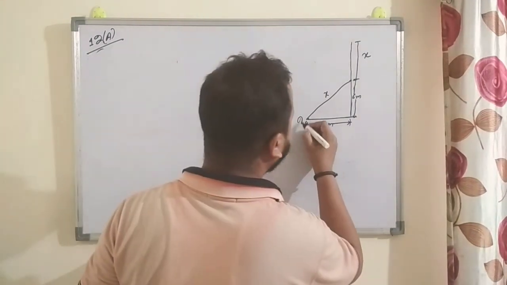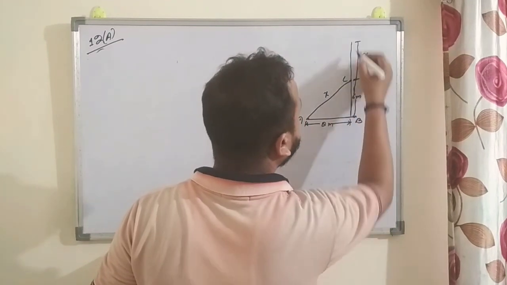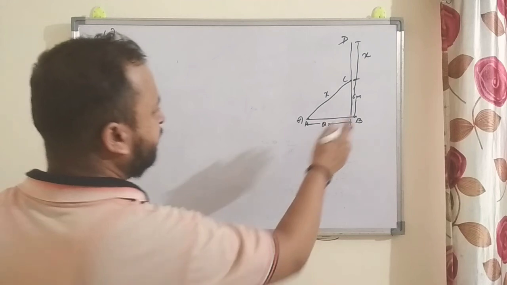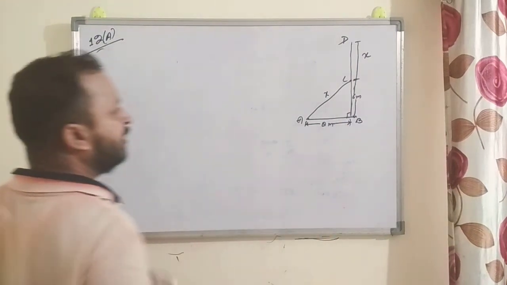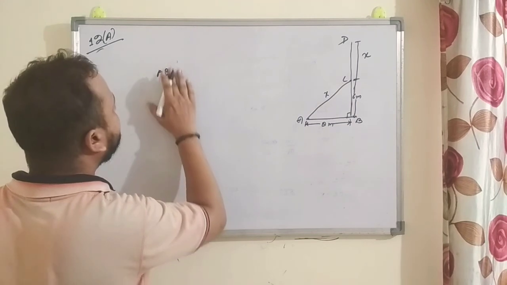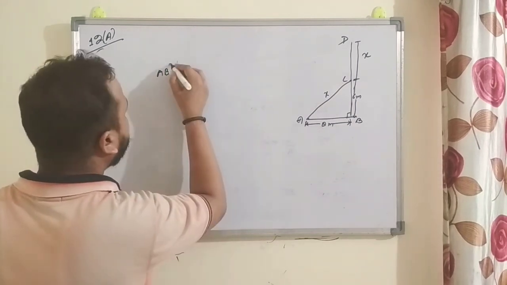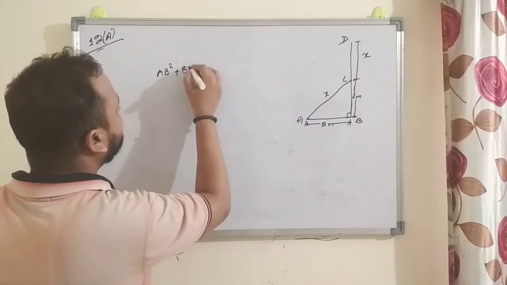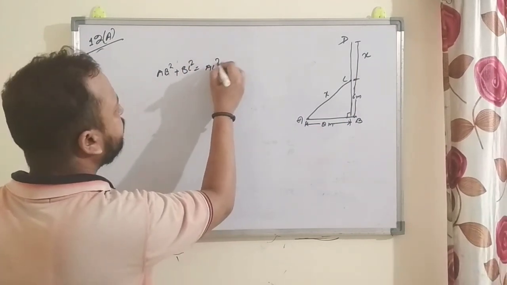If we name them A, B, C and D and apply the Pythagoras theorem here, AB square, that is base, plus BC square is equal to AC square.